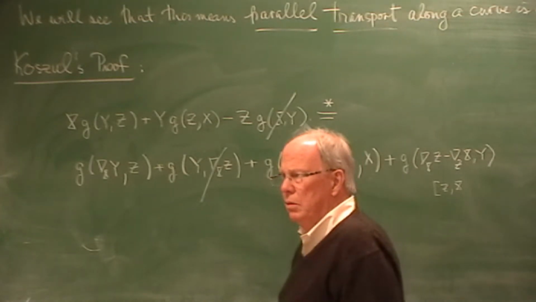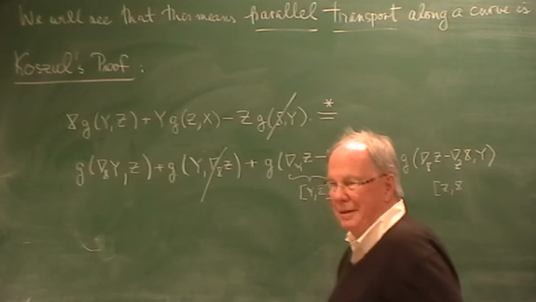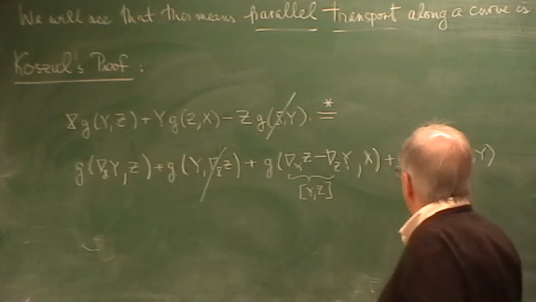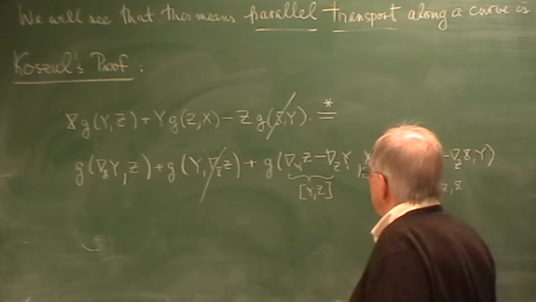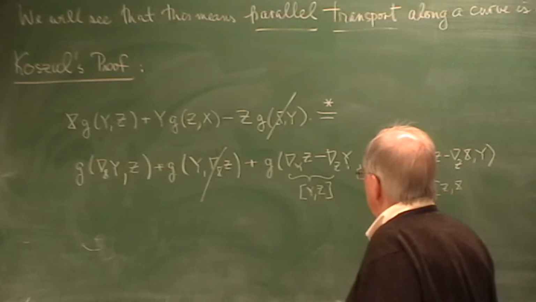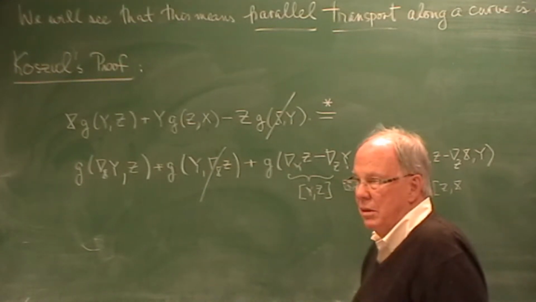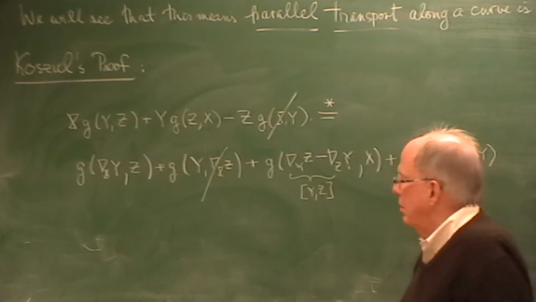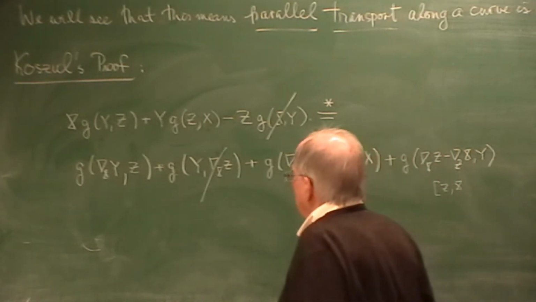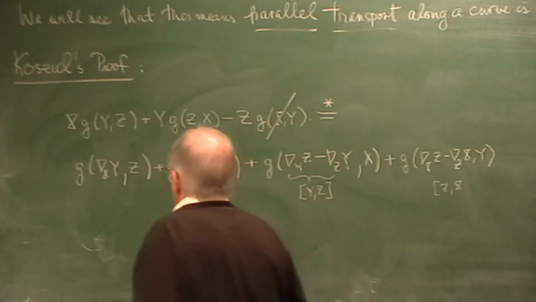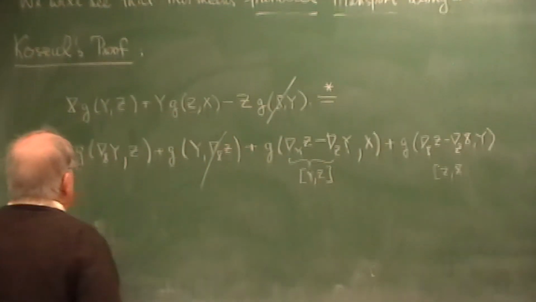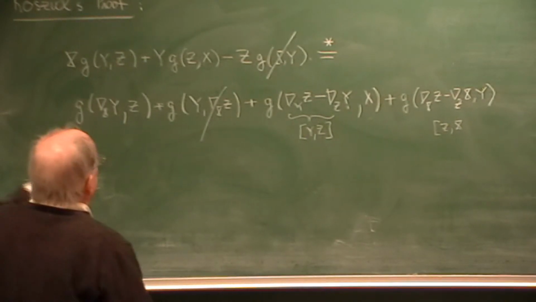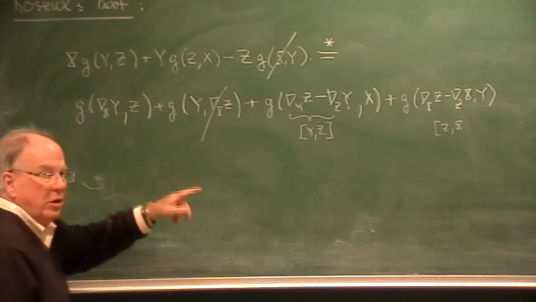Have I done everything? I think so. There should be one more term, coming from the second one, something that has a nabla Y. Oh, yes, nabla Y. G of nabla Y of X, Z.